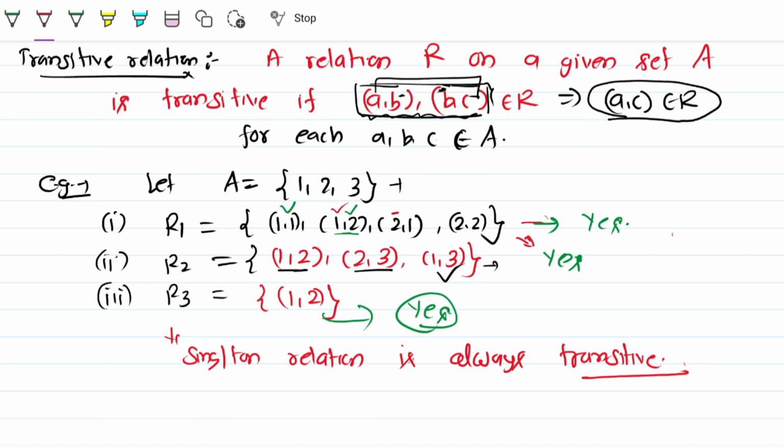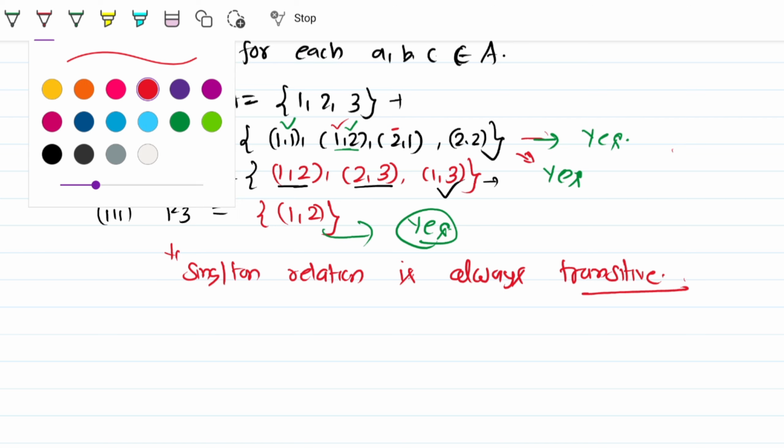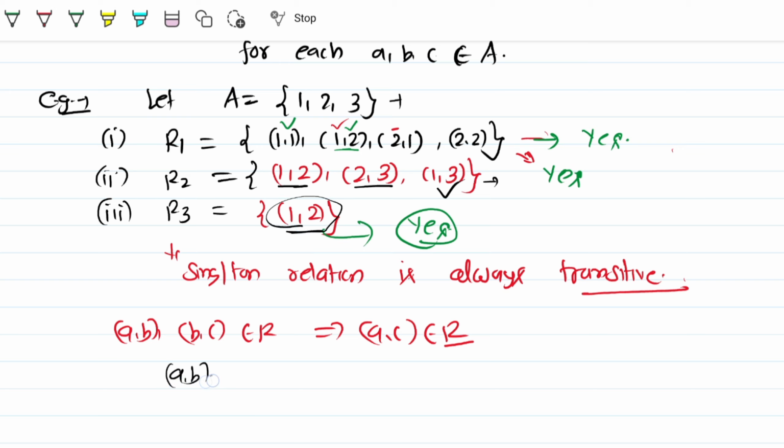By definition it is transitive, because the transitive definition says that whenever (a,b) and (b,c) belong to R, it implies (a,c) belongs to R. But in this relation there are no connecting pairs (a,b) and (b,c).